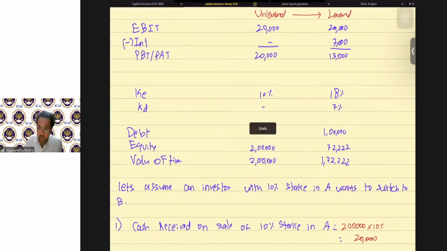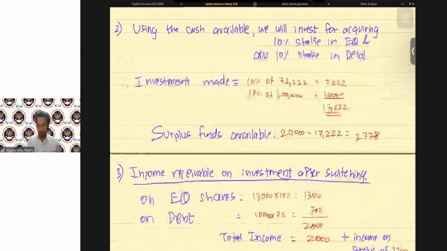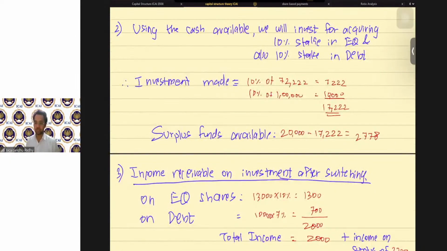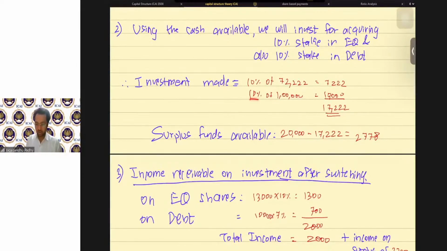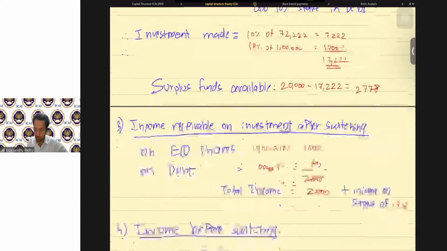Since we acquired a 10% stake in the equity shareholding, we will also get 13,000 into 10%. Even on debt, since we purchased 10% of debt, which is 10,000, on that debt the company pays 7%. So I get 700. The total income that I have is 1,300 plus 700, which is 2,000, plus, since we had this surplus fund of 2,778, the income on that 2,778 will also be my additional income.